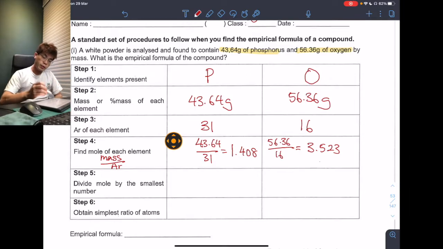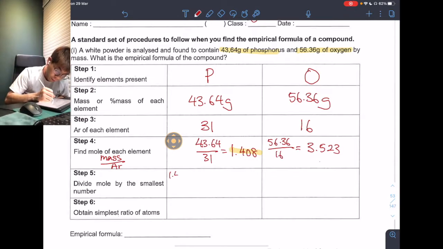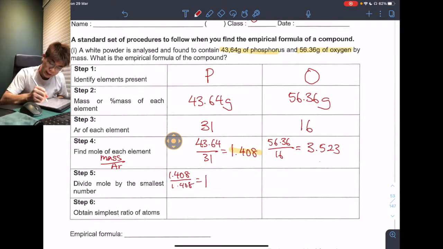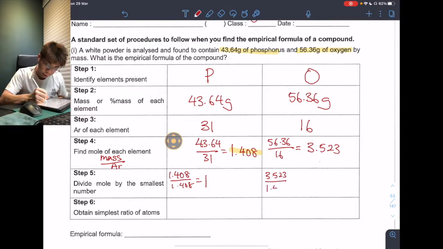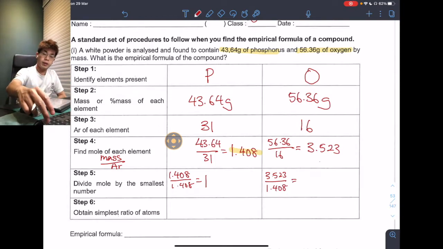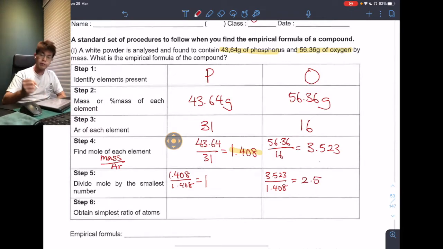So 1.408 divided by 1.408 is equal to 1. And for the other, I take 3.523 divided by 1.408, and I get 2.5.